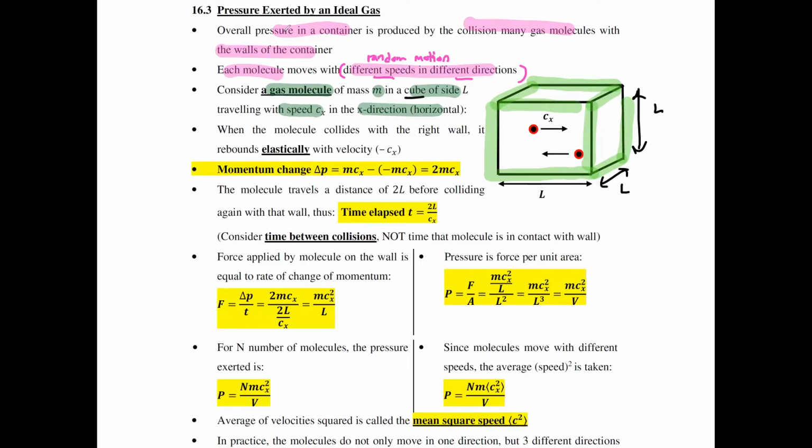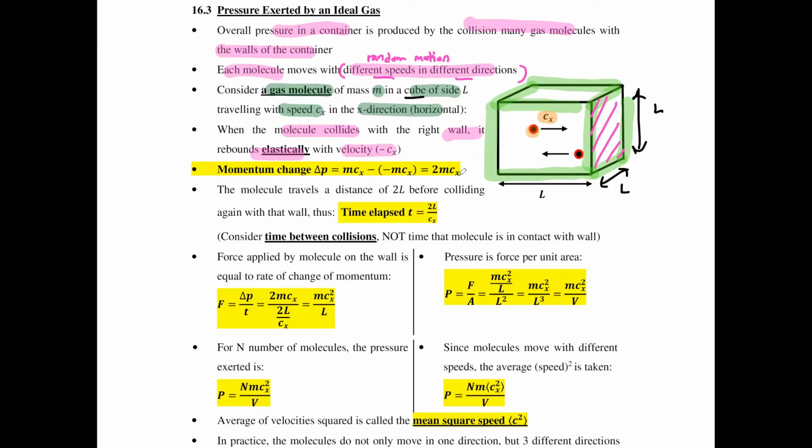Now you have a single gas molecule that is moving horizontally. Let's just say that the speed is cx. As it moves, it will eventually collide with this side of your wall. When the molecule collides with the wall, it will rebound elastically with a velocity of negative cx.